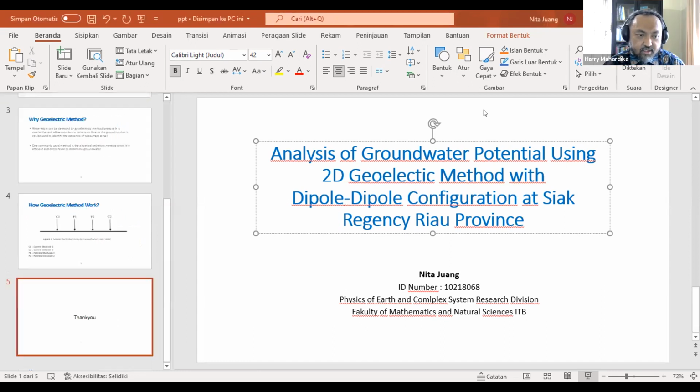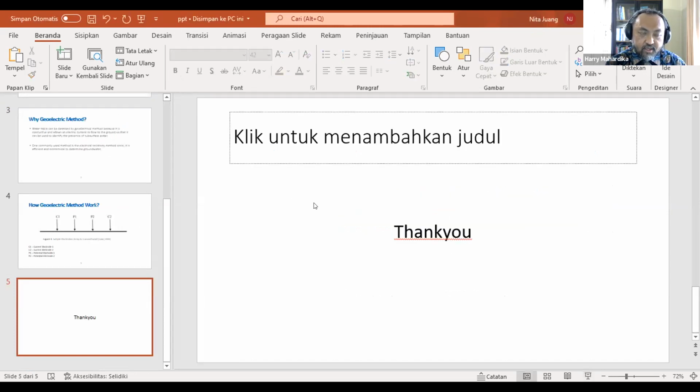I think there is a trouble in the screen sharing, because there is no transition from one slide to another in my position.